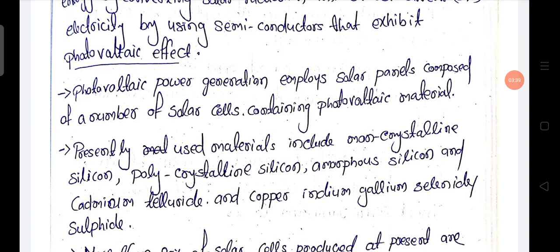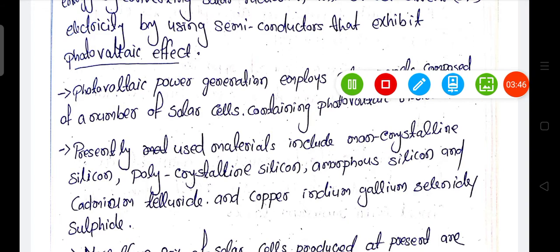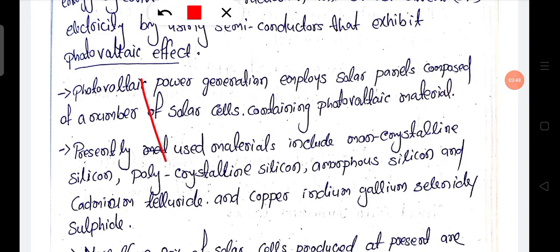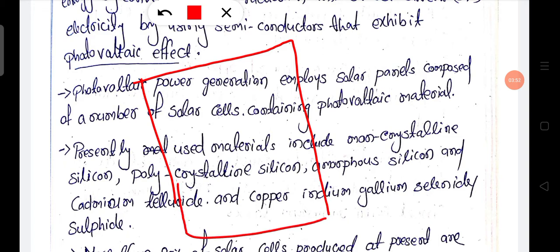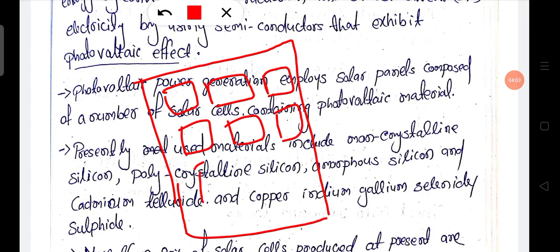Now you see, one solar panel is like this. There is a cell, a black cell. There are many black cells, and those are called solar cells.